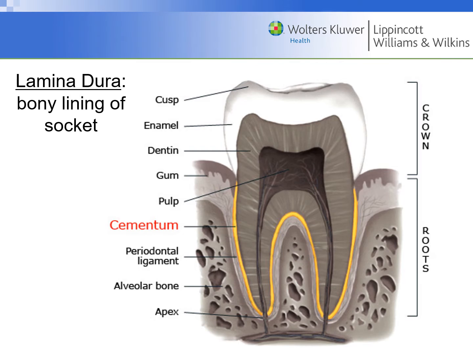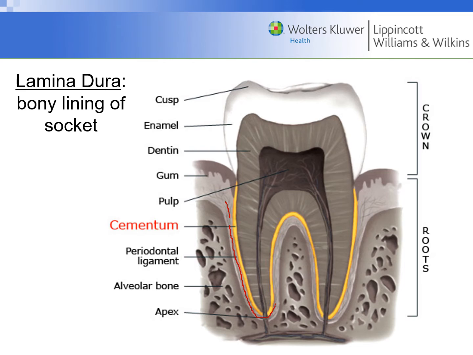This lamina dura is the bony lining of the socket, another way to put it. It's down on the roots, and this shows the periodontal ligament, and the cementum covering the root. This yellow is the cementum that's covering the lamina dura. Here, the lamina dura is going to be right here.